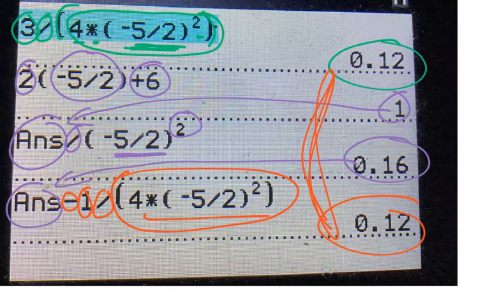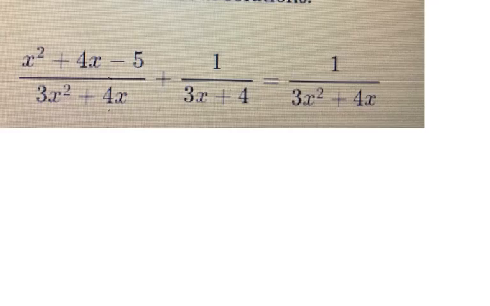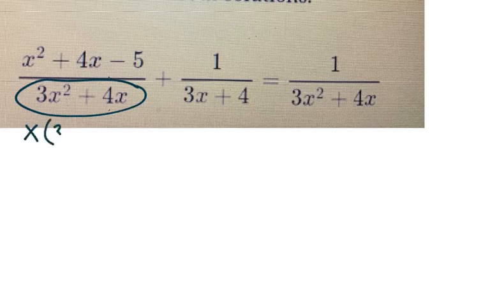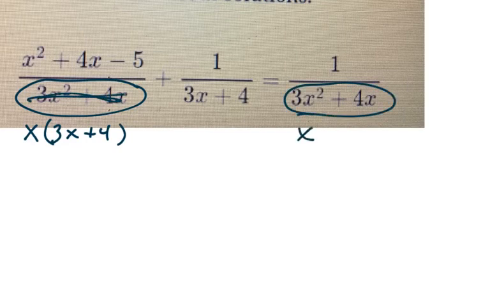All right, let's get to another problem, and let's do it from beginning to end. So guys, first step again is we're going to factor all the denominators. Notice this one right here, I can factor out an x, and I'm left with, of course, 3x plus 4. And this one is the same denominator, x(3x plus 4).